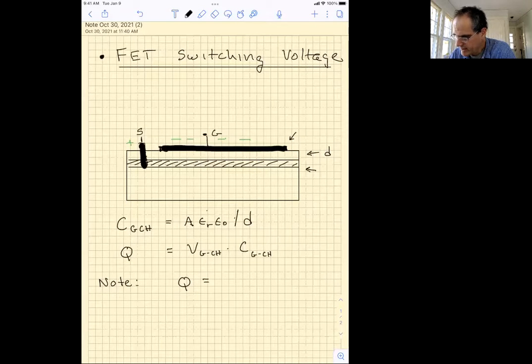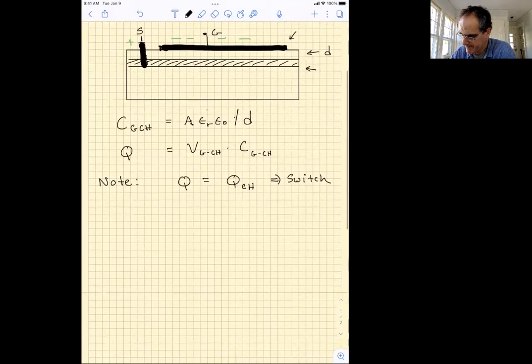So if we induce a positive voltage on the channel, such that the induced charge is equal to the total amount of charge in the channel, then the device will switch. That means the channel will become insulating and it will no longer be possible to pass current from a source to a drain. Okay?